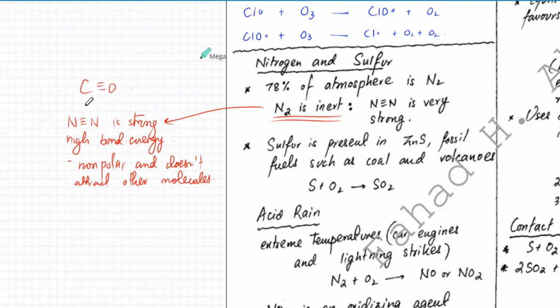Like carbon monoxide, it's a very polar molecule. This oxygen is slightly negative, this carbon is slightly positive. Carbon monoxide is even stronger than, I think, the N triple bond N, but it's very reactive. Why? Because it's got polarity, and if it has polarity, it's going to react with other things.